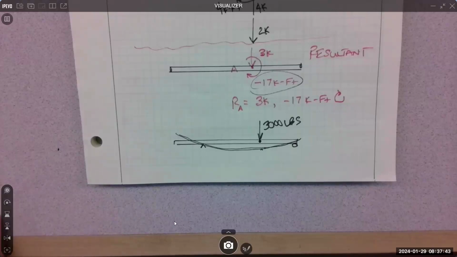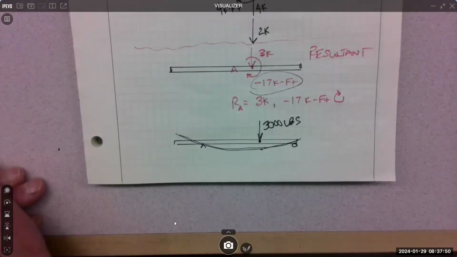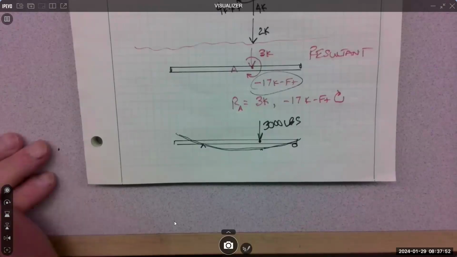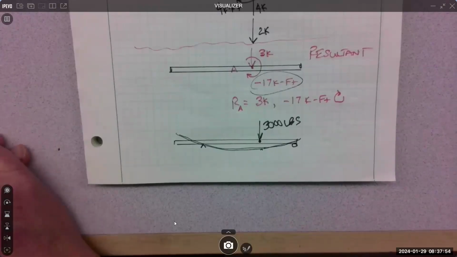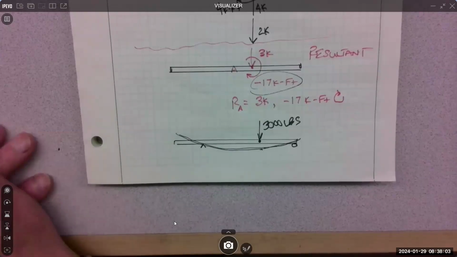Bending and deflection is what fails things in this country, not breaking. We don't really deal with that breaking effect. We deal with deflection. So if you walk across a floor in a home and it bounces, it's springy, that's failure. We don't want that to happen.